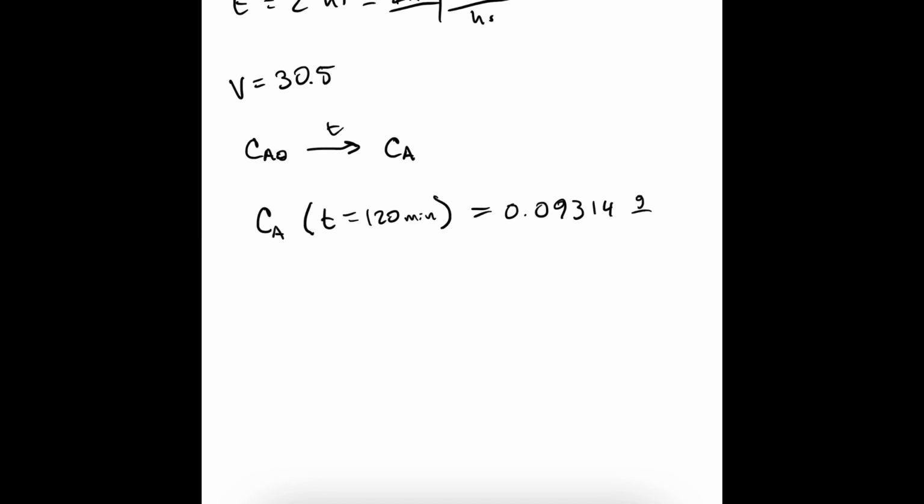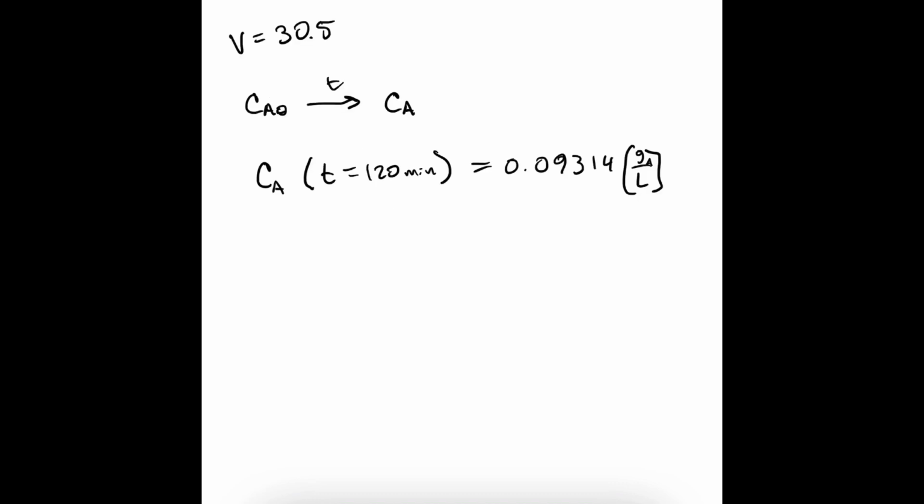And this is grams per liter of A. The concentration of B is going to be inversely proportional to the concentration of A, because all the A is converting into B. So we started off with an initial concentration of A, and any A that is missing from that initial concentration must be what the concentration of B is.